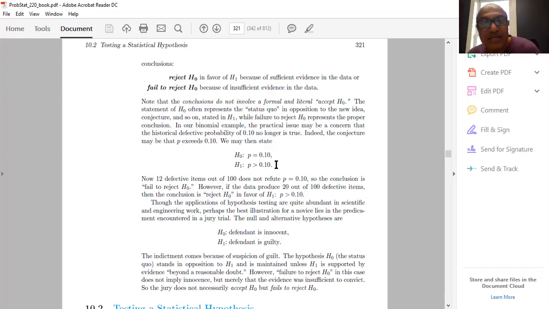As I told you, if you read this example, note that the conclusion does not involve a formal or literal acceptance of H0. The statement of H0 often represents the status quo in opposition to the new idea, conjecture, and so on, stated in H1, while failure to reject H0 represents the proper conclusion, right?